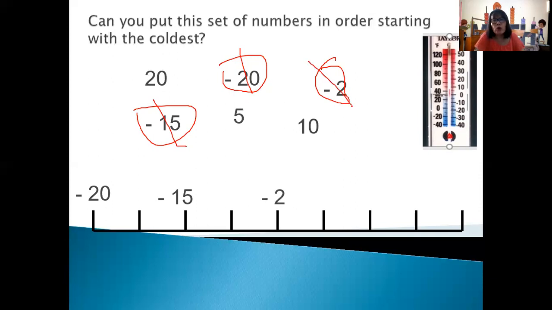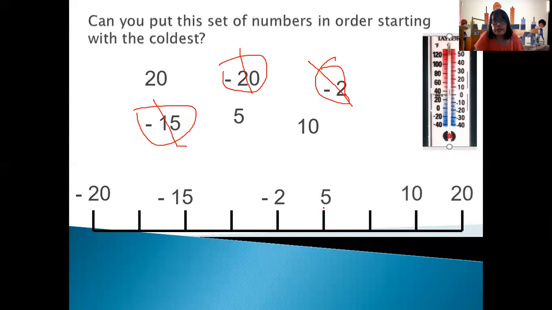So we are done with all the negatives. So we know that -20 is the coldest, and it's getting warmer and warmer. What will be the next after -2? Yes, 5. Of course, this is the normal counting now, and then 10, and 20.